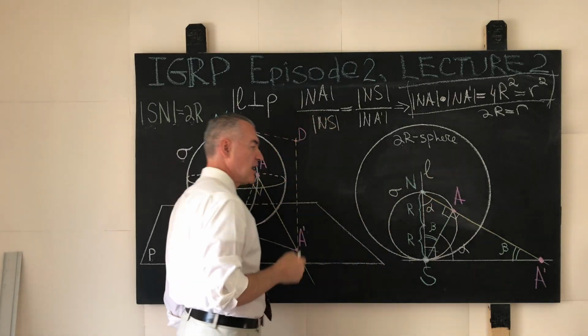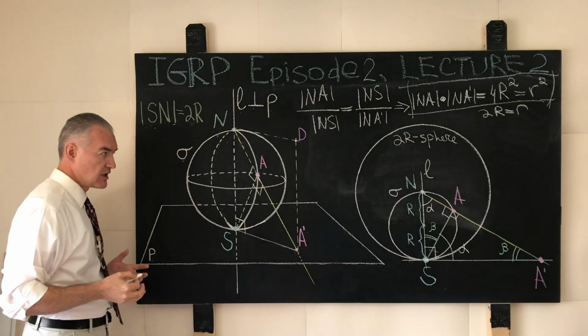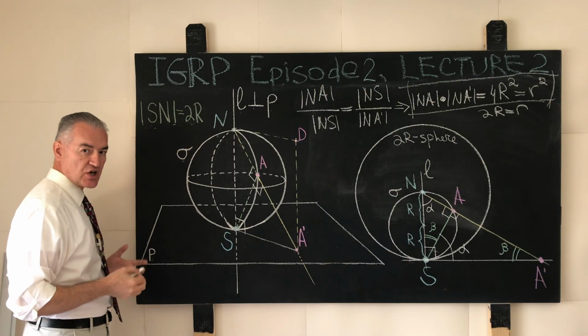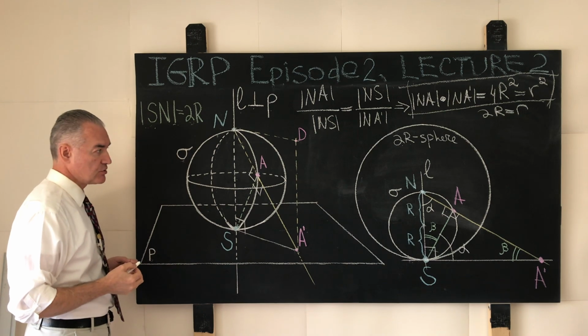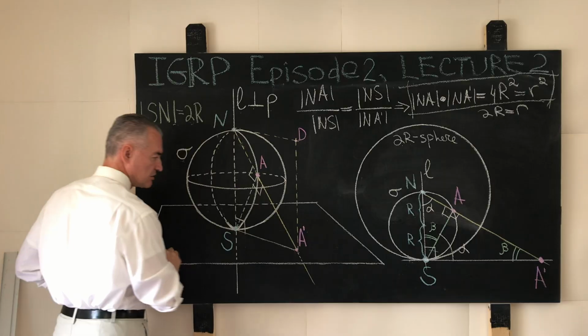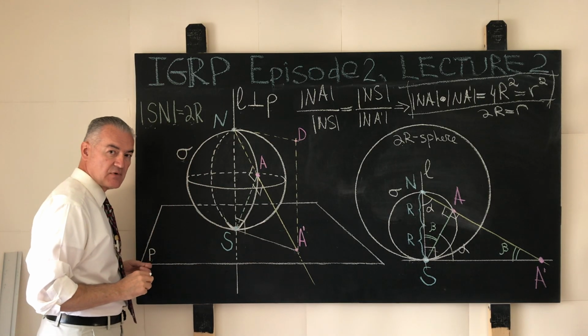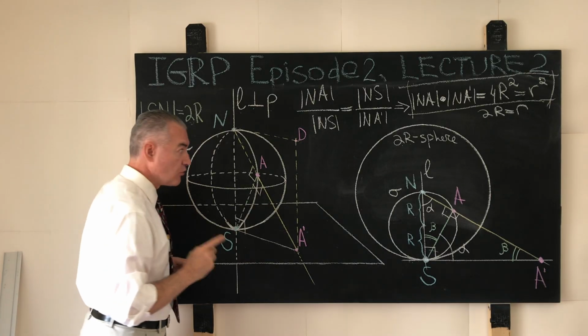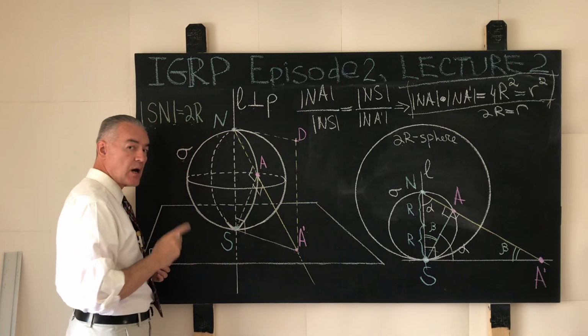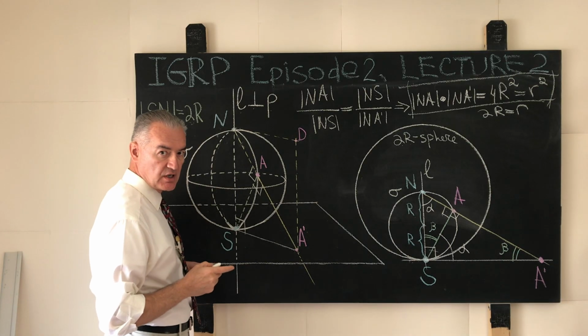And what does that mean? That means that it is possible to interpret the stereographic projection of the Riemann sphere onto the underlying plane P also as the inversion of the space under an appropriately chosen sphere.